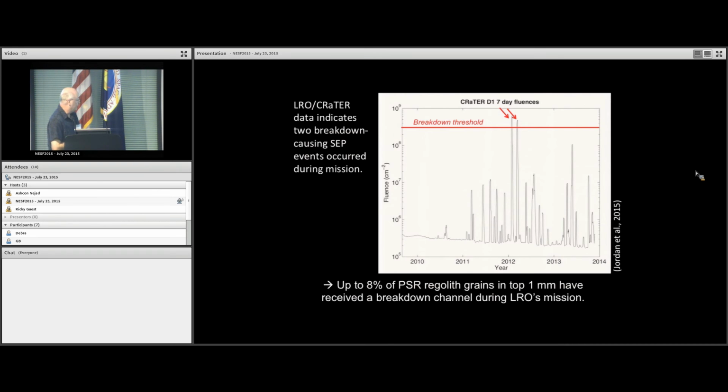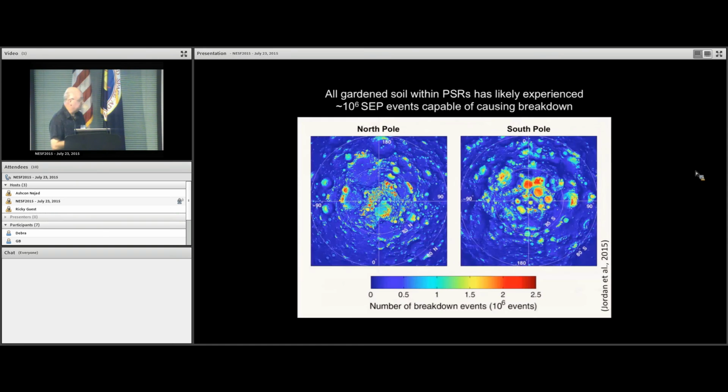And we believe then, just in the lifetime of the LRO mission alone, just 4 or 5 years at the time of this figure, maybe up to 8% of the permanently shadowed regolith grains in the top first millimeter received a breakdown channel. And these can be very disruptive, powerful events that modify the properties of the regolith, and Andrew talked about that.